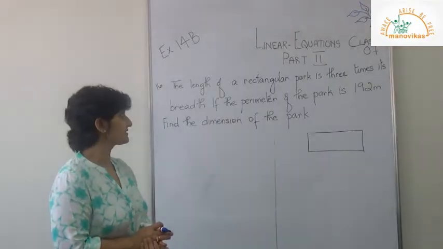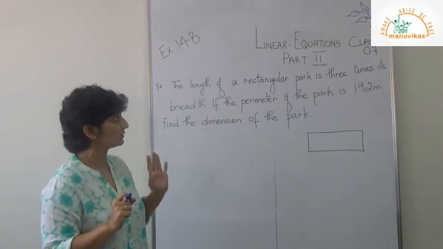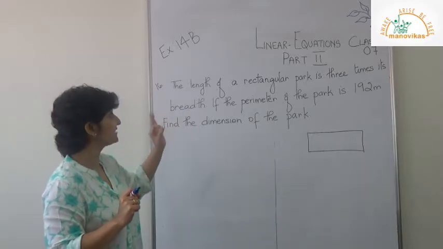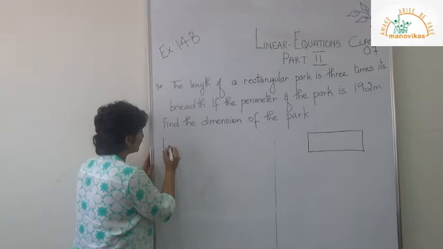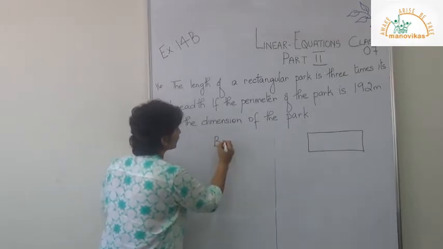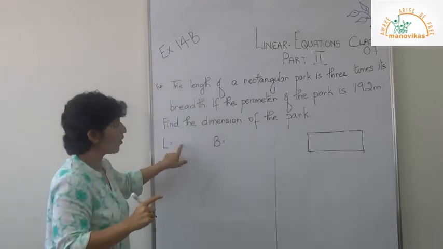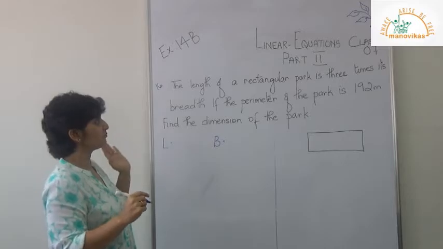Right? Question 16. The length of a rectangular park is 3 times its breadth. So we know we have length and you have breadth. Correct? Now what are they saying? The length of a rectangular park is 3 times its breadth.